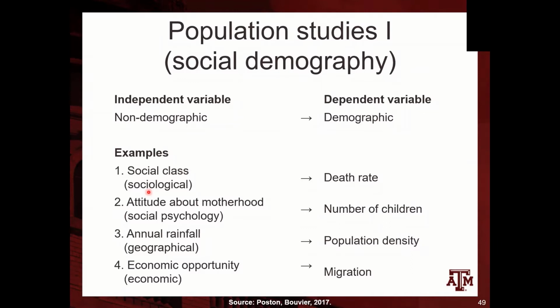And social class and socioeconomic status have an association, a correlation with death rates, in the sense that people with higher social classes have lower death rates.